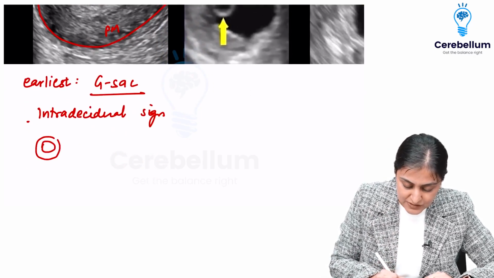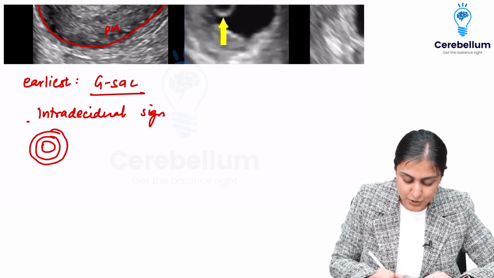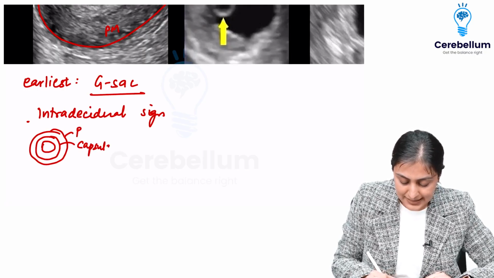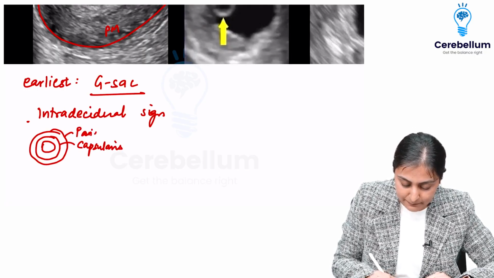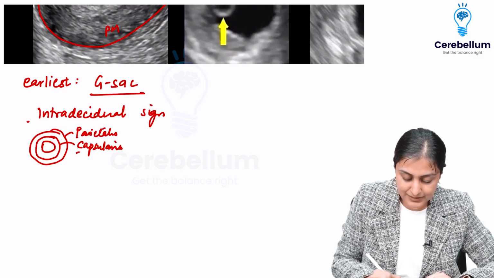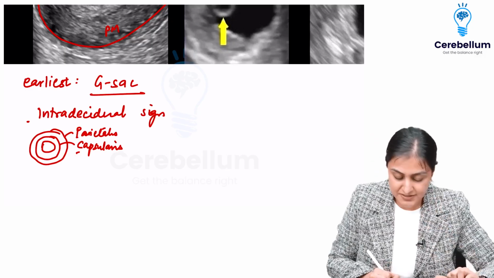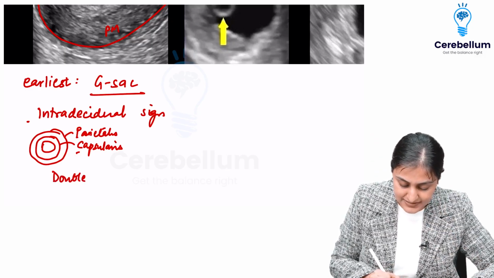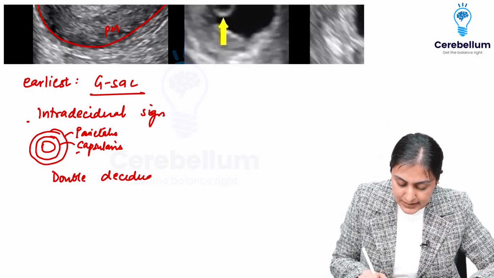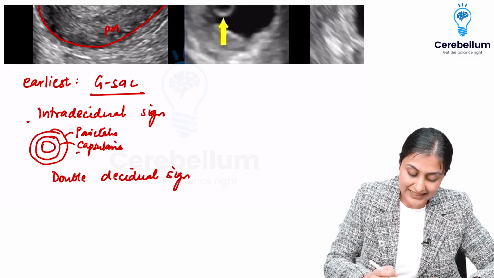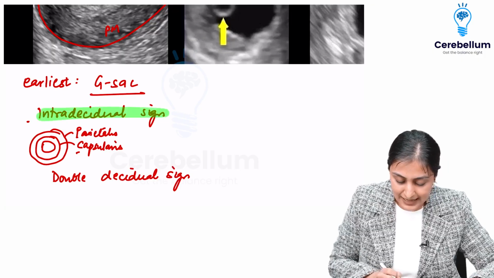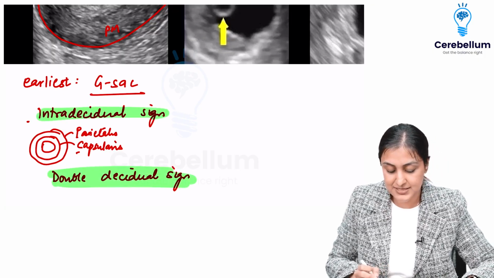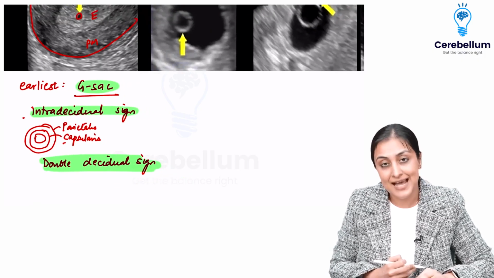For example, if this is the sac, there are going to be two decidua, capsularis and parietalis. Capsularis and parietalis, CP. Yeah, so capsularis, parietalis surrounded, and that is what we call the double decidual sign. So both intradecidual sign and double decidual sign are signs of gestational sac.